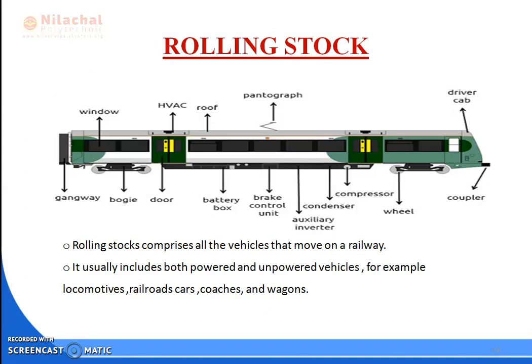So powered and unpowered vehicles mean locomotives, railroad cars, private railroad cars and wagons. Those used in urban transit applications, your subway, streetcars, metros, are also called your rolling stock.